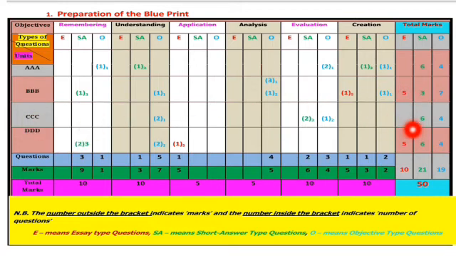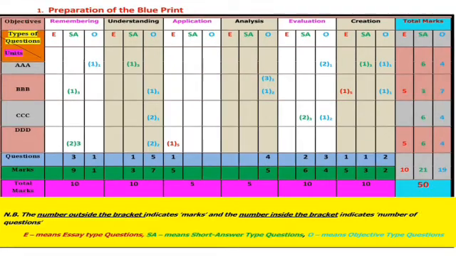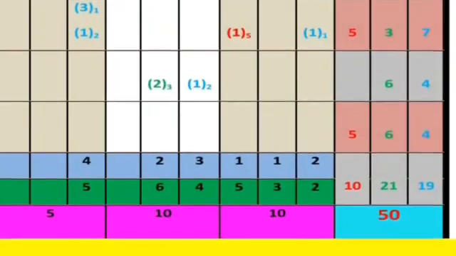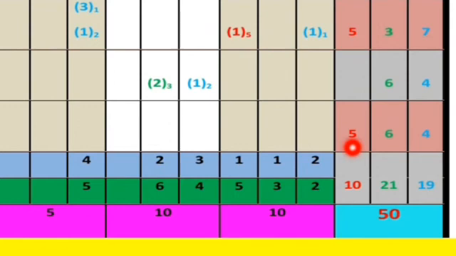Third unit, it is again 10, 6 plus 4, 10. The fourth unit, 5 plus 6 plus 4. Check out. Can you see this? 5 plus 6 plus 4. So you have 15.